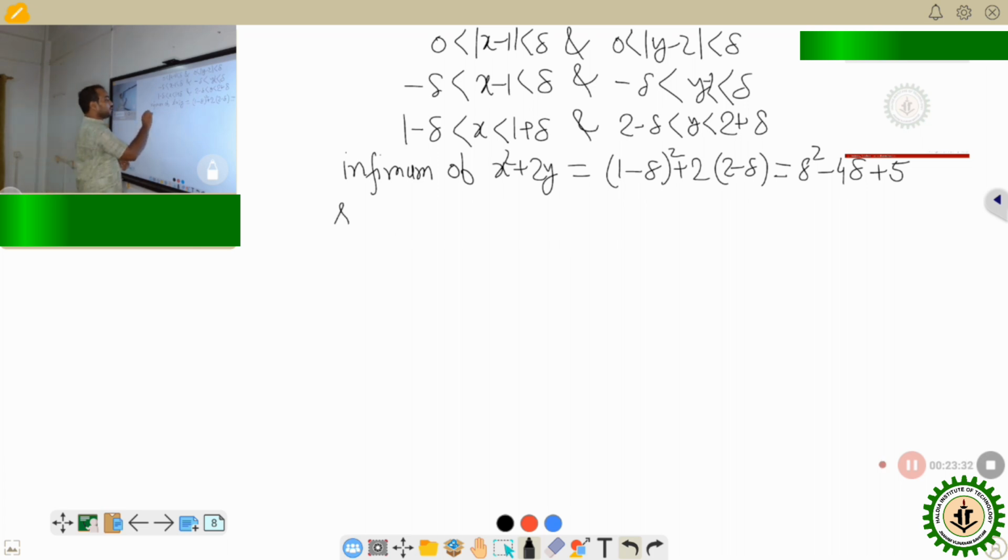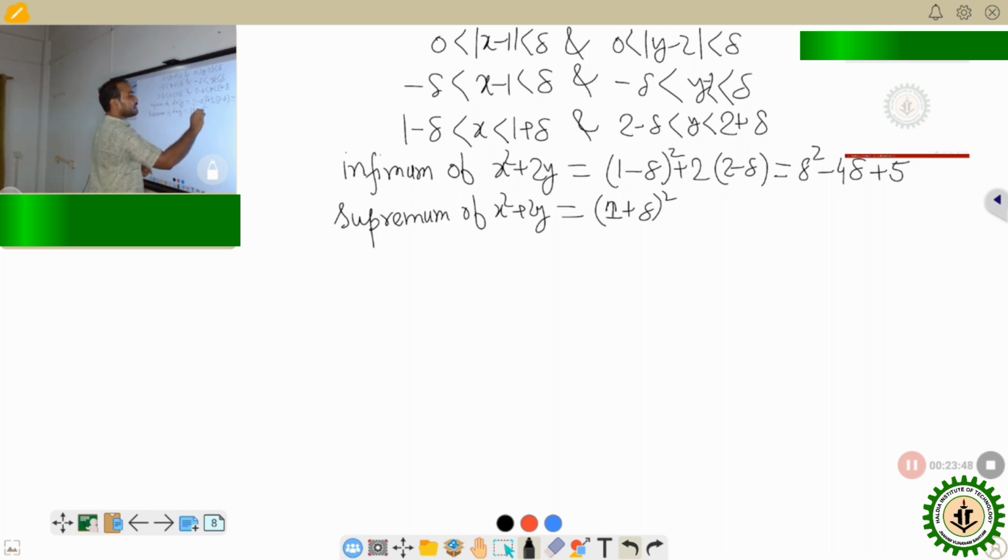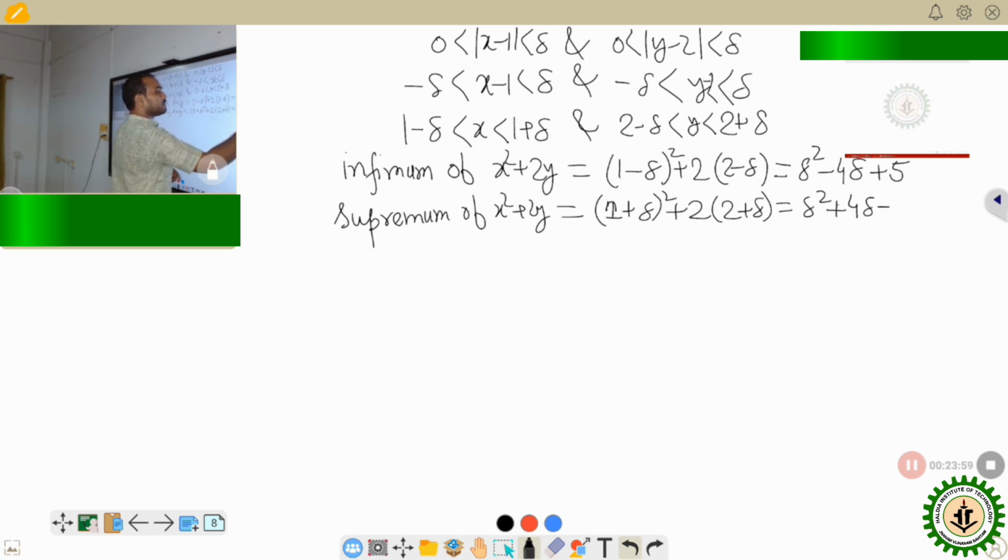So the supremum of x square plus 2y will be basically 1 plus delta square plus 2 times 2 plus delta, and on solving you will get delta square plus 4 delta plus 5.